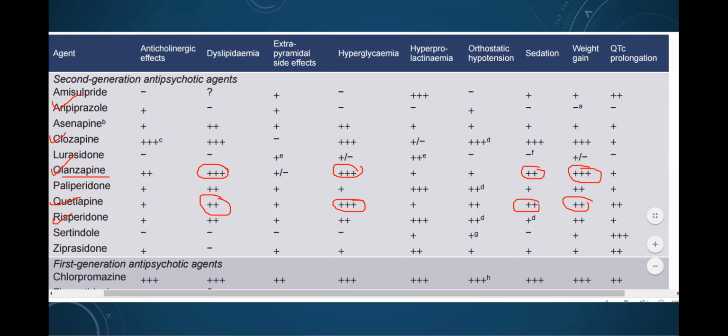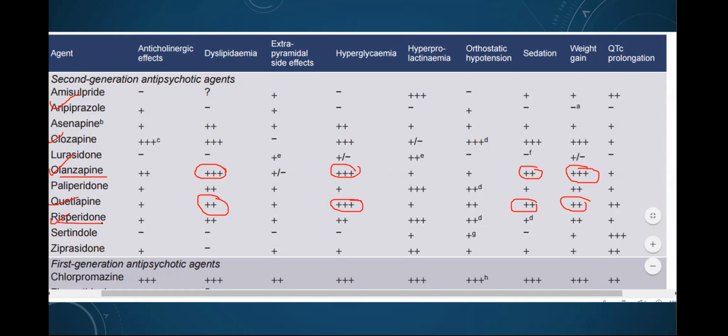Now look at risperidone. The main complication of risperidone is hyperprolactinemia. Hyperprolactinemia causes galactorrhea, that means a whitish or milky discharge from the breast. Risperidone is very notorious for that.